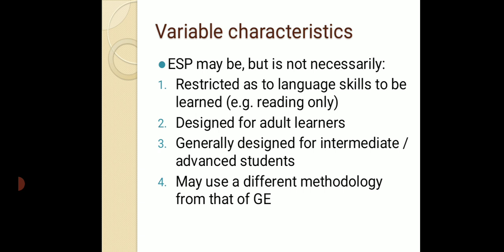But ESP doesn't limit the teaching of a language skill. We can combine 2, 3, or even 4 skills in ESP, even though the priority is only on one main skill.